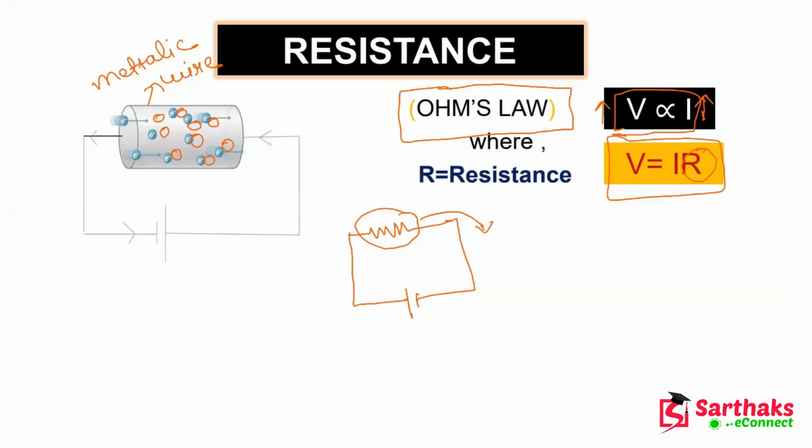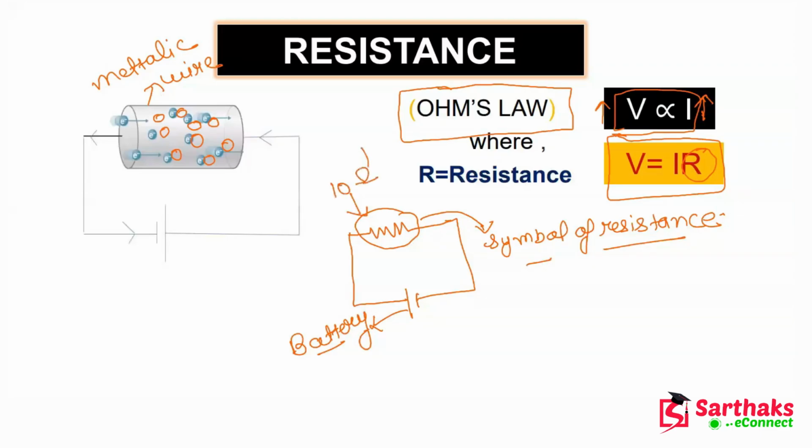This is the symbol of resistance, and this is your battery. Now guys, what happens? The value of this resistance, let's suppose, is 10 ohm. Ohm is the unit of resistance.